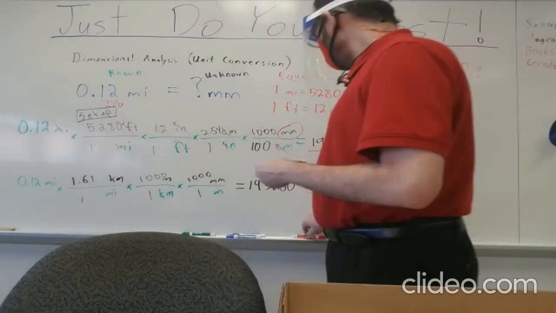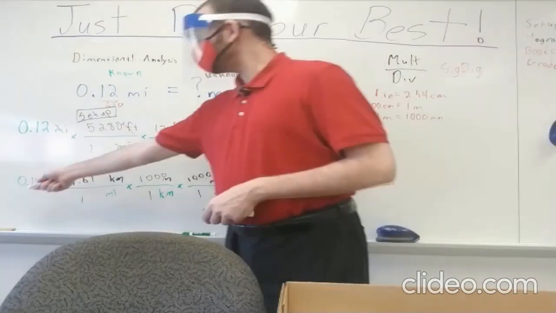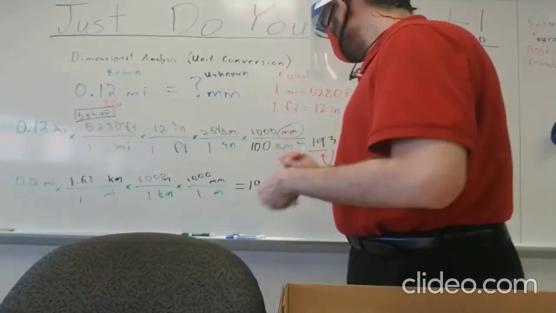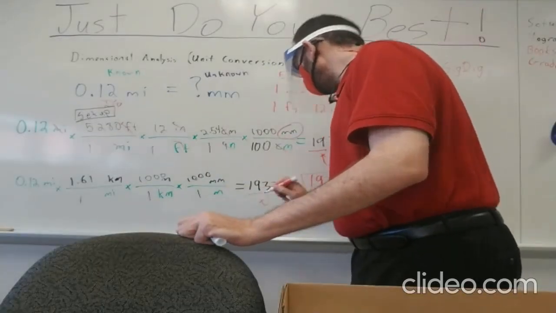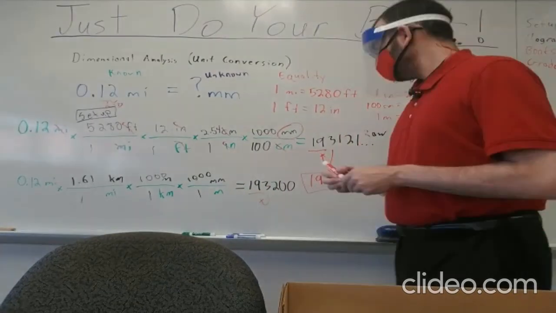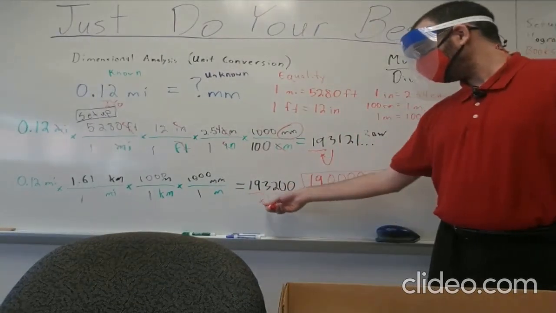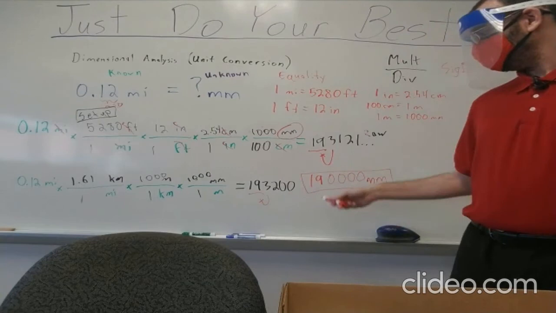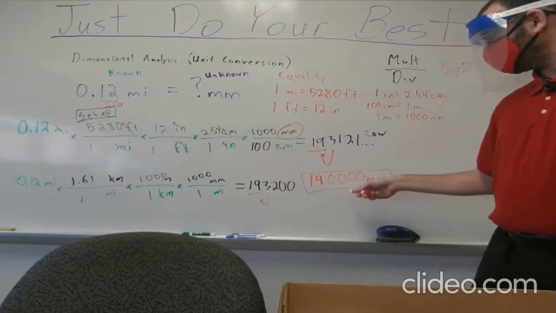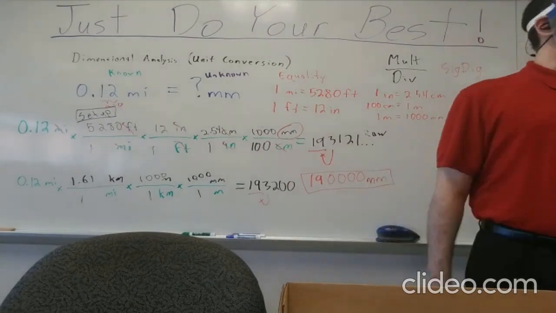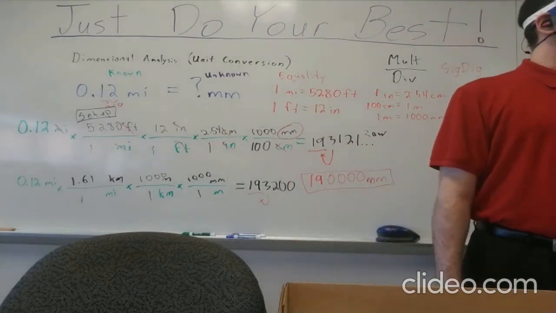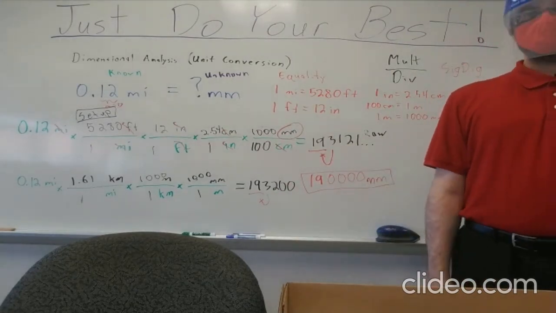Now again, I started with 2 sig digs. I'm going to end with 2. The 3 does not kick up the 9. And as you can see, then I've got 1, 9, placeholder, placeholder, placeholder, placeholder. I get the exact same answer, because those are the only 2 numbers that were important.